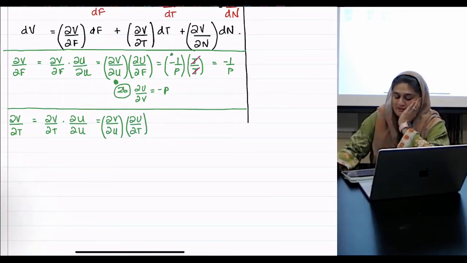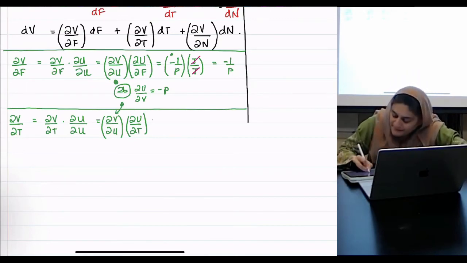What is partial V over partial U? Equation 2B tells me what? Negative 1 over P. And is there an equation that can help me with partial U over partial T?